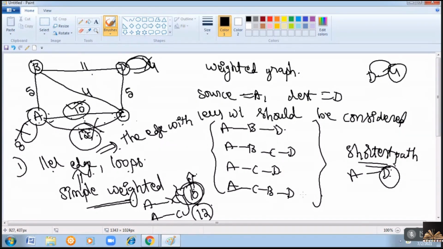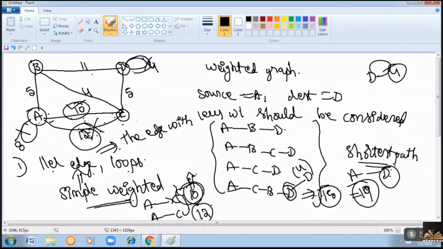Suppose with this path you got the shortest path distance as 15. After reaching this destination, a loop is given at D. If you are traversing through that loop from D to D with a distance of 4, then the distance will be increased from 15 to 19. There is no use of traversing from the vertex to itself. That is the reason you are removing the loops.